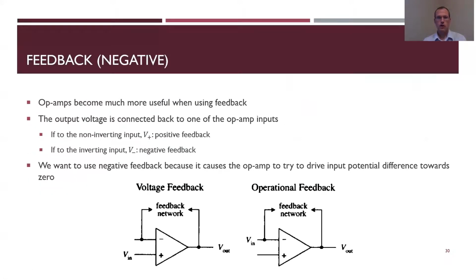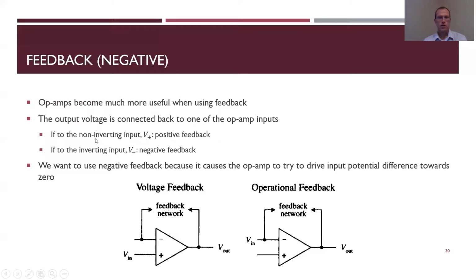So closed loop feedback, there are a couple types. Generally what it consists of is adding a line from V out back to the inputs. This is called negative feedback. And again, there are two types of that.